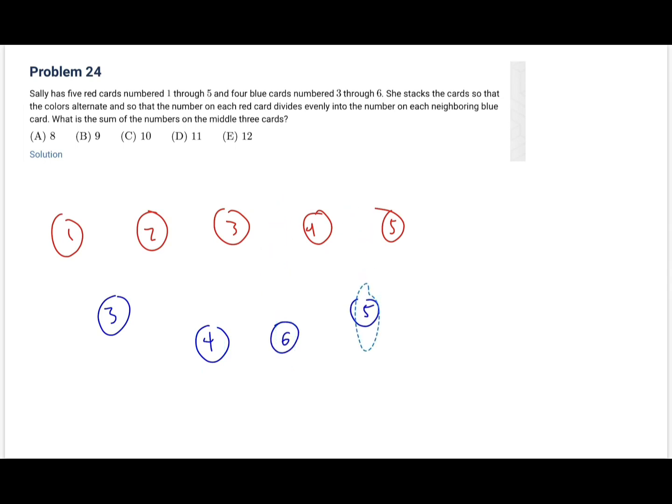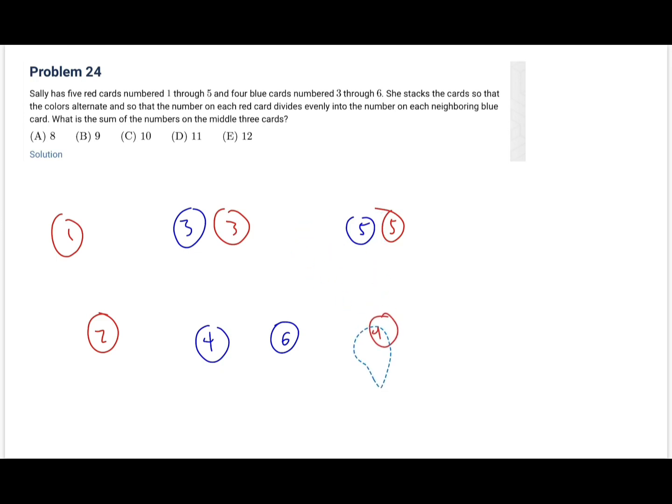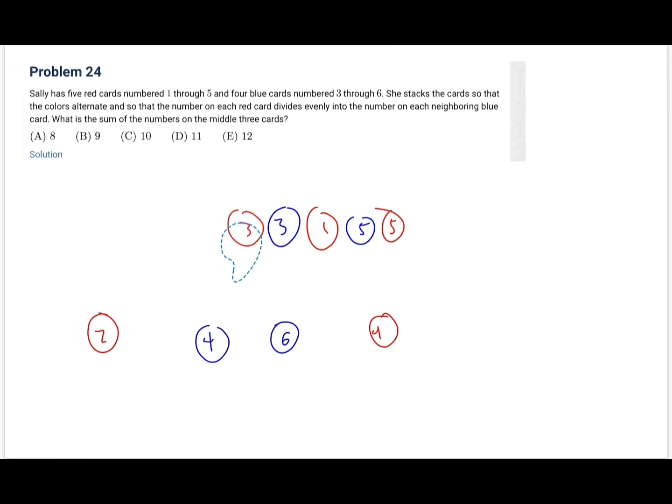The first thing is that 3 and 3 have to be together, and 5 and 5 have to be together, right? Since they are both prime numbers, and it will be great if they have 1, because 1 can divide into anything. So it would be like that.